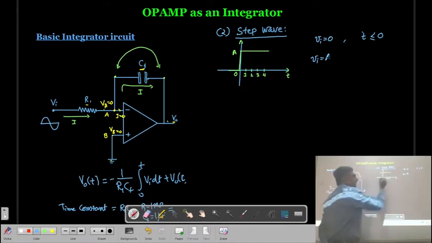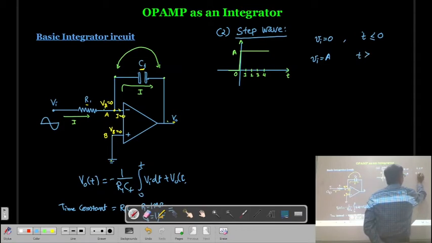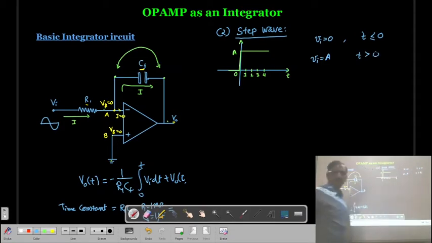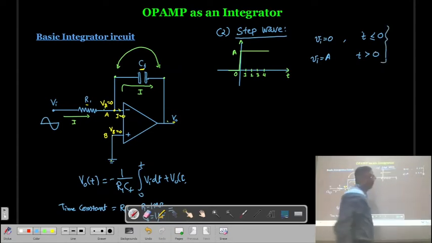It is A, when t is greater than 0. So in this way, we can represent the step wave. Now, for these different time periods, we will see what the output voltage will be.